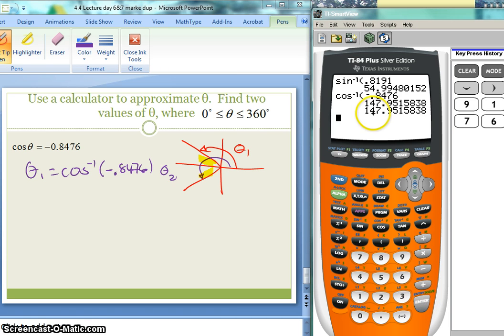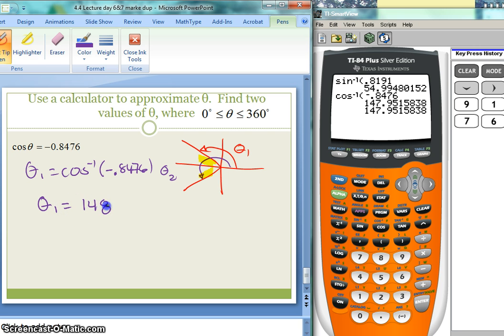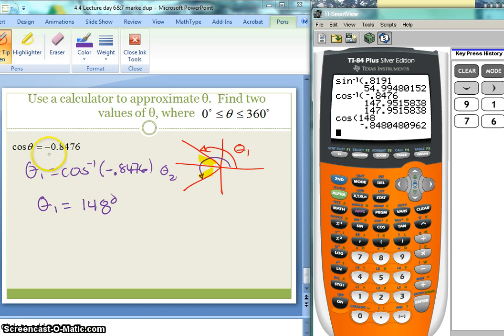And we get, to the nearest degree, 148 degrees. So my theta 1 is 148 degrees, and that seems reasonable. And if you check cosine of 148 degrees, you get negative 0.8476. We got 0.8 because we rounded. Okay, so that is my theta 1.